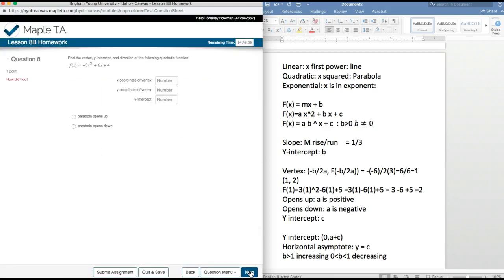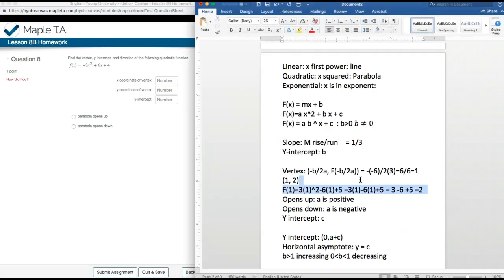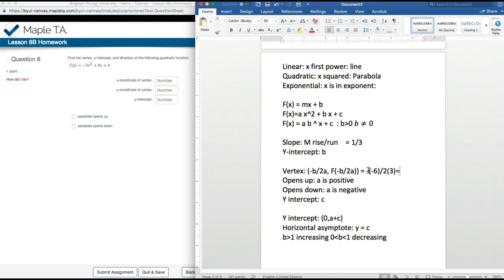Okay, the next one. Find the vertex, y-intercept, and direction of the following quadratic function. Well, it's similar to what we just did. So the x-coordinate of the vertex is going to be negative b over 2a, just like we did. And I'm going to come in here, and those numbers are rather similar, so I'm going to delete to here and just throw in some information.